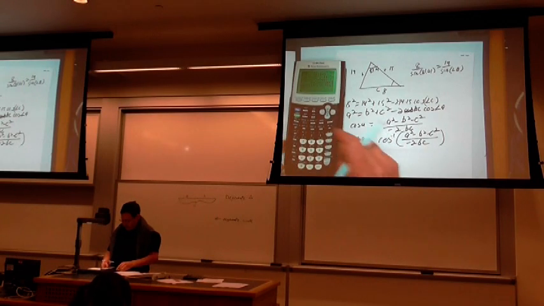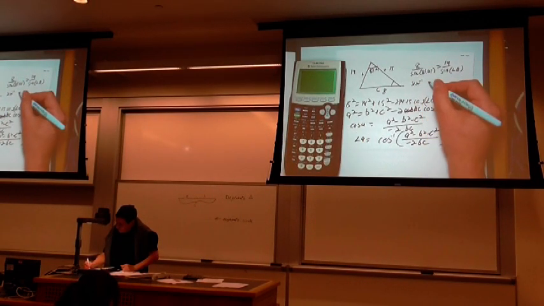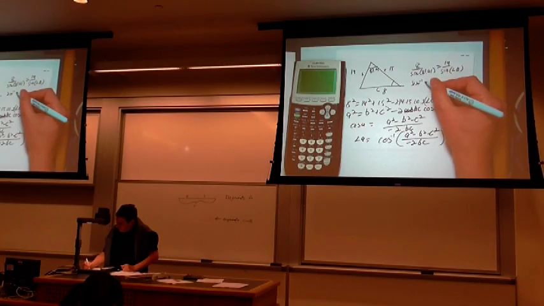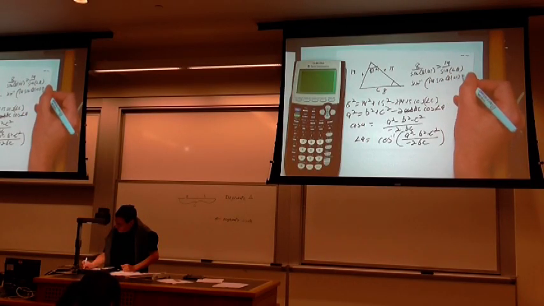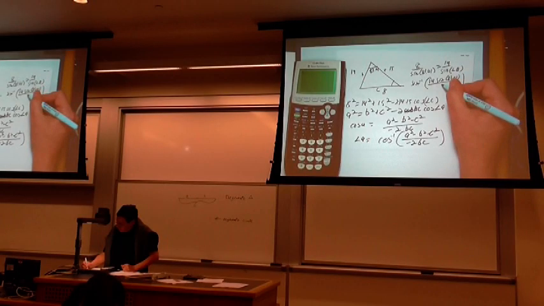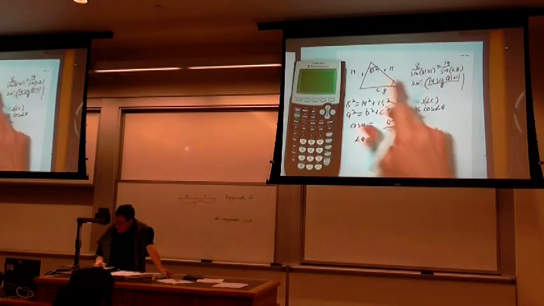I have to type everything in twice, I guess. Sine inverse of 14 sine of 81.01 over 8. Oh. Did I do something wrong there?